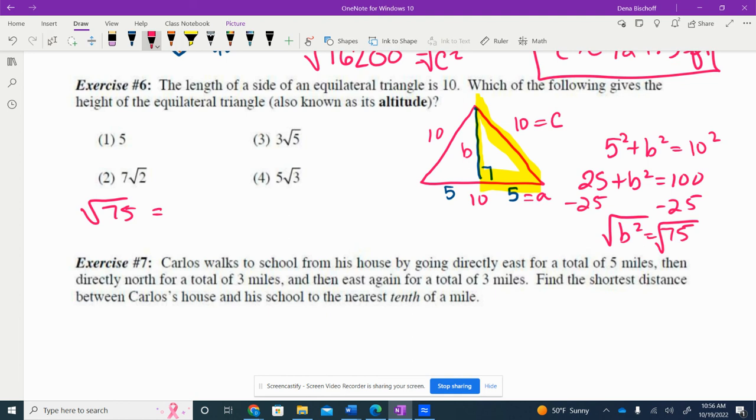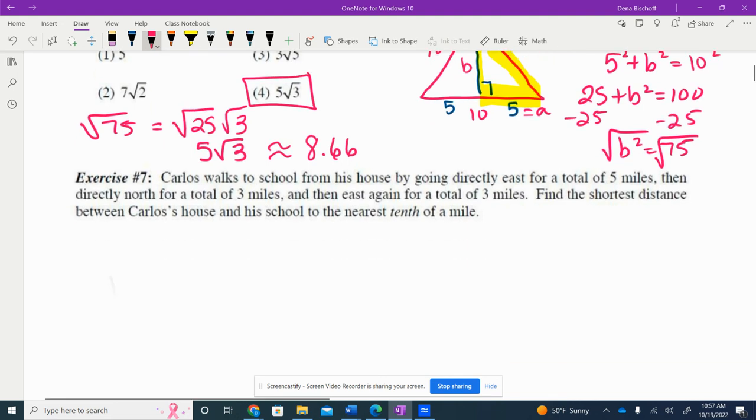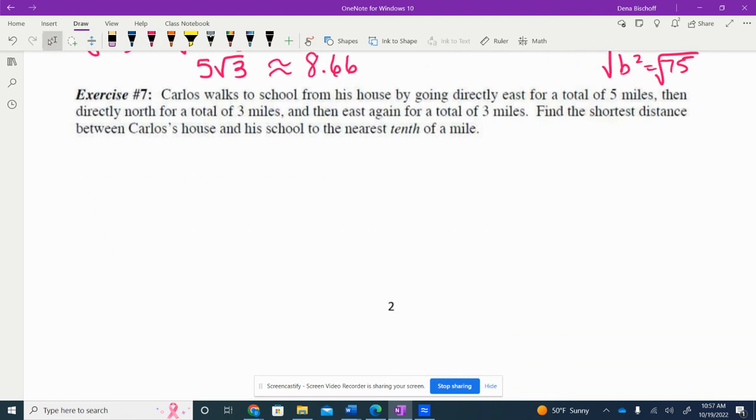So 75 is the same thing as 25 times 3. But 25 is what we call a perfect square. The square root of 25 is 5. So my answer is 5 root 3. If I turned that into a decimal, the square root of 75 is about 8.66.